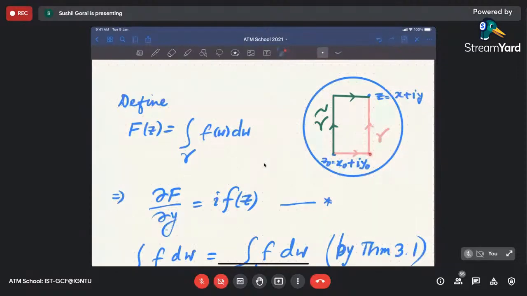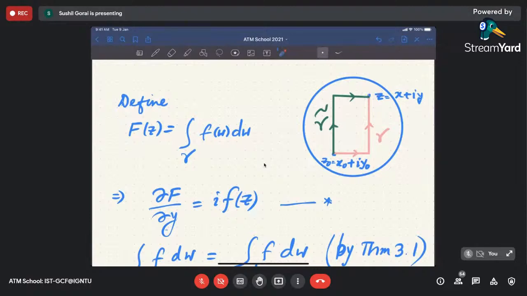Here, for drawing purposes, I have taken this horizontal and vertical to get one rectangle. You might get multiple rectangles. Then the integral over the boundary of each rectangle will be 0. What is really important is that the last one would be vertical and the others horizontal.